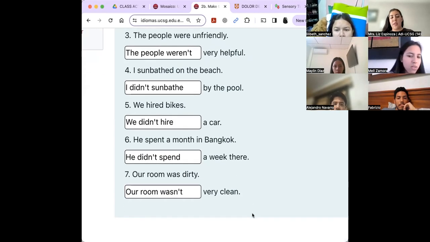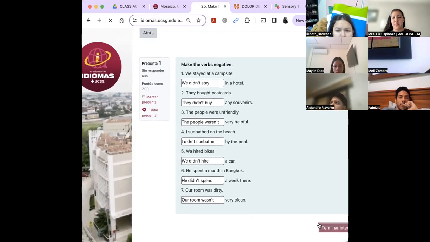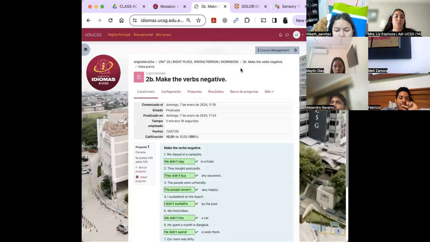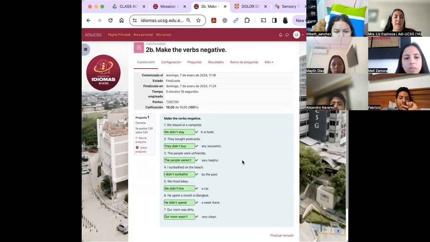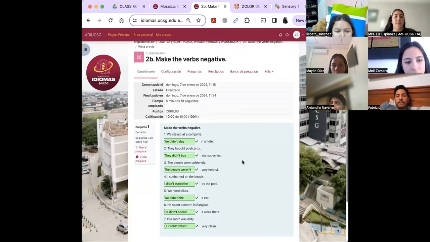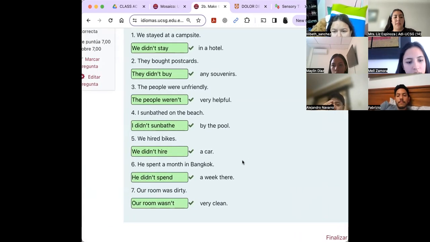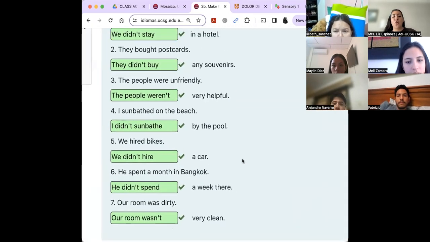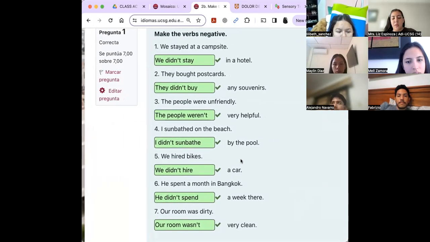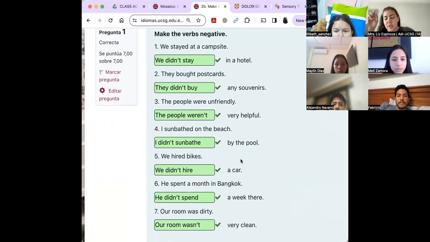Yes, because it's the verb to be and the verb to be is special. You already know. Excellent. So we're in the workbook, activity: make the verbs negative. Please complete. Guys, pay attention to the apostrophe, not the tilde. You have to use the one that is next to your numbers, next to the number 0. That is the apostrophe, okay? Please go on and complete.